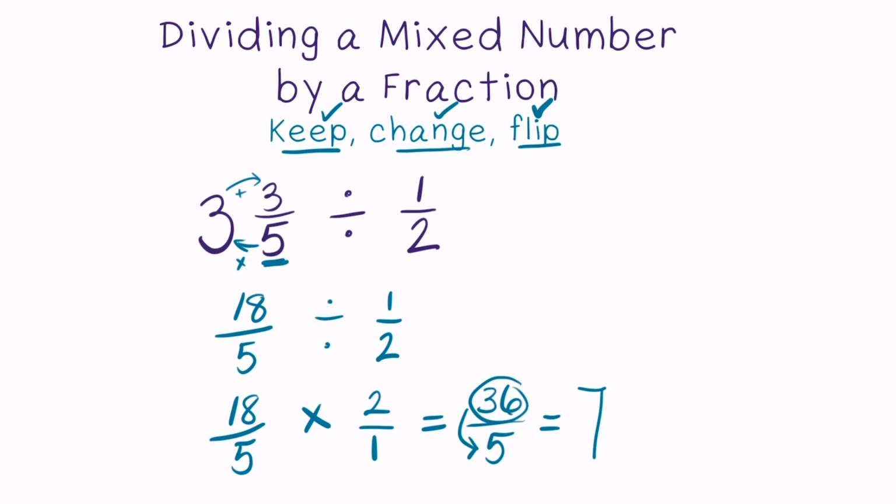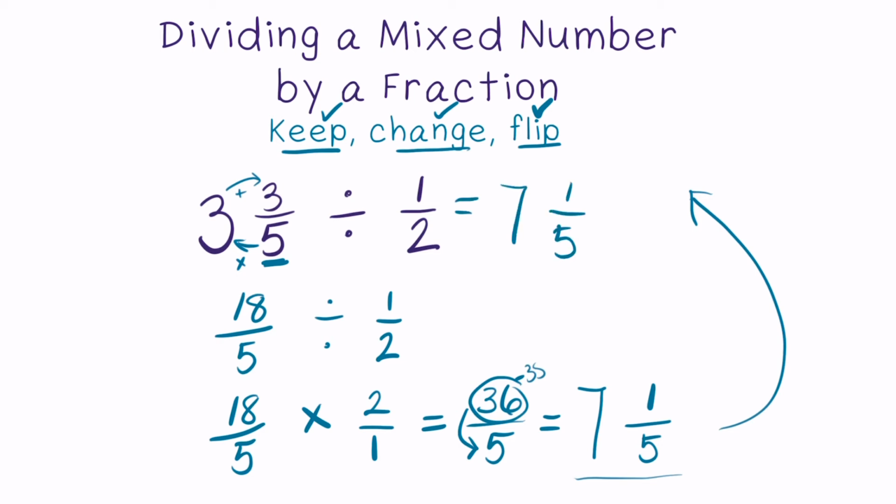So we know that 35/5 is equal to 7 wholes. So if we take away that 35, we have 1 left over as a remainder, and we'll carry over our denominator of 5. So 36/5 converts to the mixed number of 7 1/5. Now that we have the most simplified version of the answer there, we can apply that back to our original problem to determine that 3 3/5 divided by 1/2 is equal to 7 1/5.